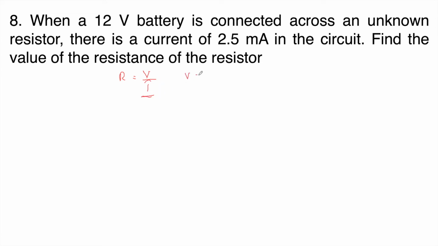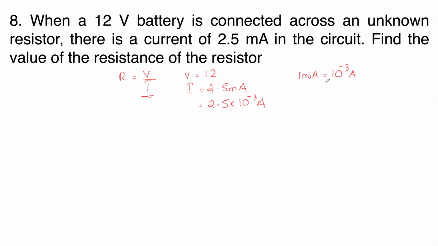V is 12 and I is 2.5 microampere. So we should convert it to ampere. That means 2.5 into 10 raised to minus 3 ampere. That means 1 microampere means 10 raised to minus 3 ampere.